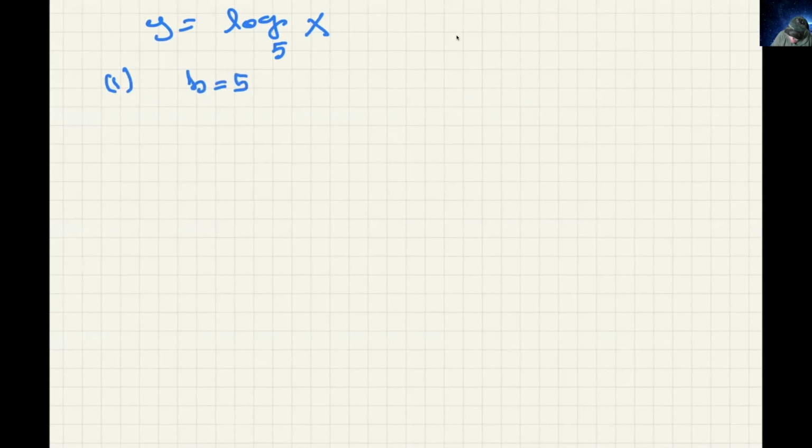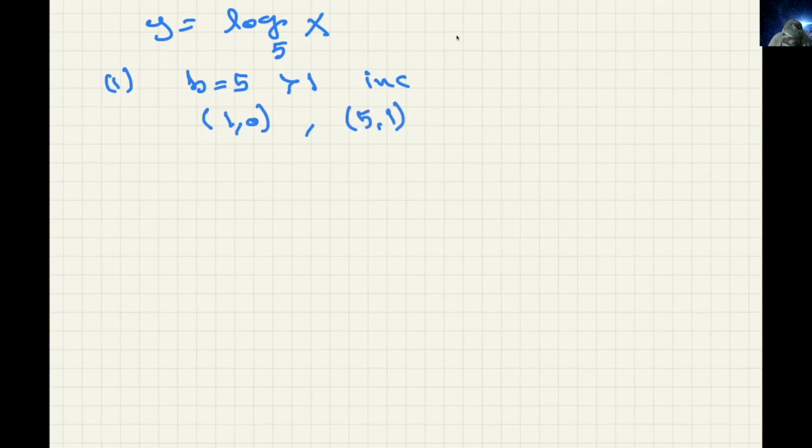Oh, this is greater than 1, increasing. So we're going to graph it this way. Again, we're going to define the 2 points. The first point must be 1 and 0. The second point is b, which is 5 and 1.